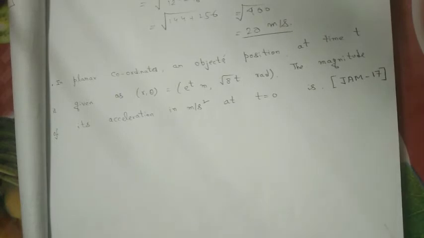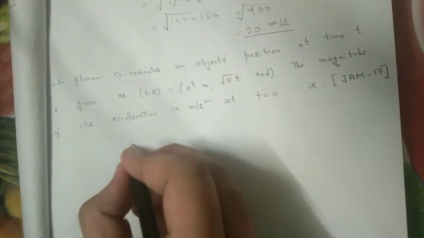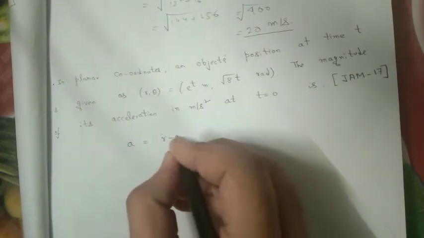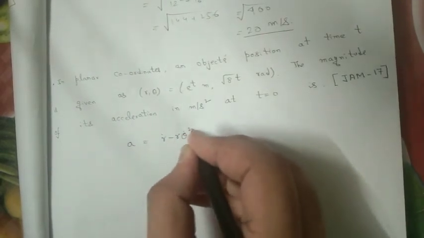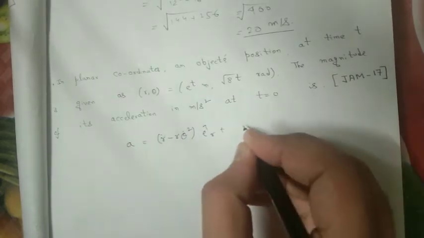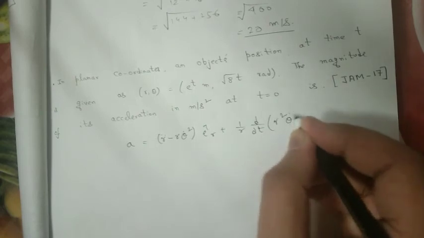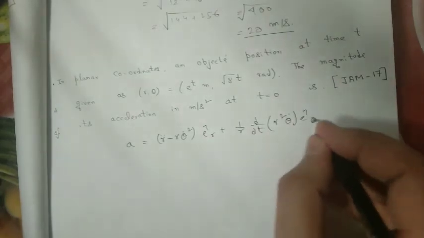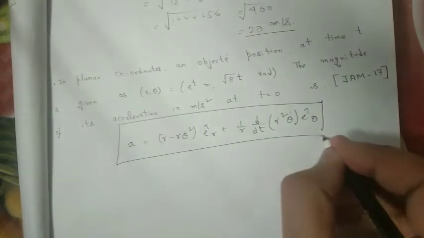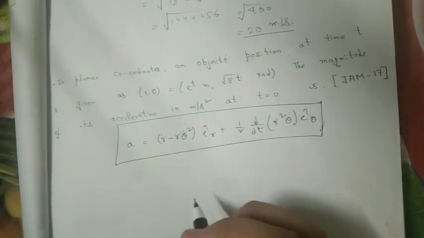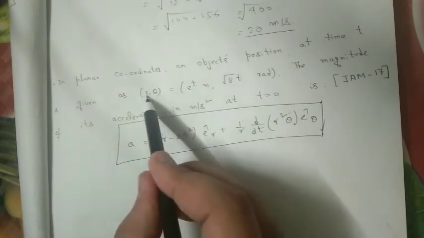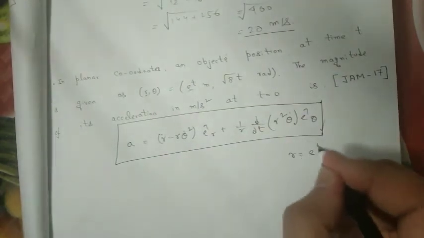The last problem was based on velocity and this problem is based on acceleration. So just put the formula of acceleration. a equals r double dot minus r theta dot square, plus 1 upon r d by dt of r squared theta dot. Yeah, this is the formula of acceleration. So r is given as e to the power t.